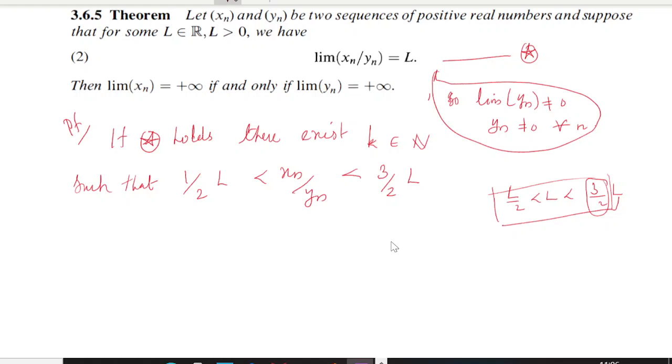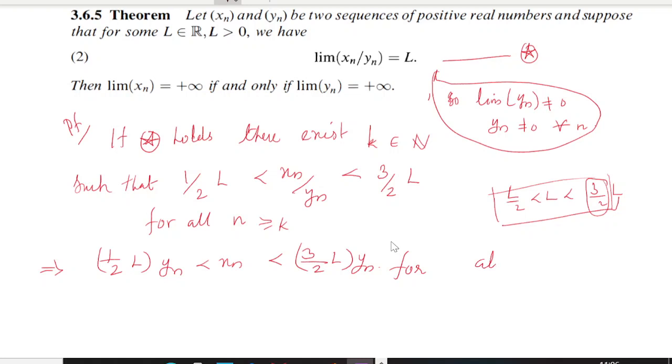For all n greater than or equal to some k, this implies 1 by 2 into L into yn is less than xn, less than 3 by 2 into L into yn. This is possible since I have taken yn not equal to 0 for every n, for all n greater than or equal to k.